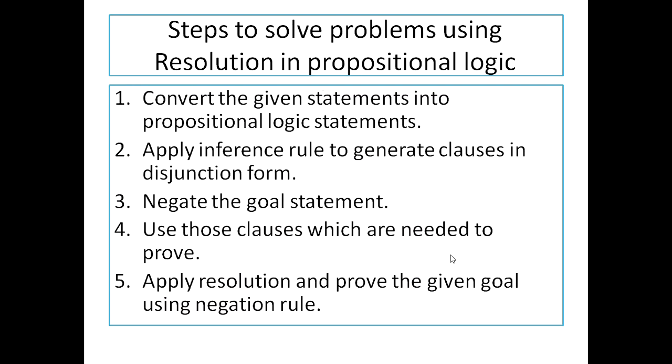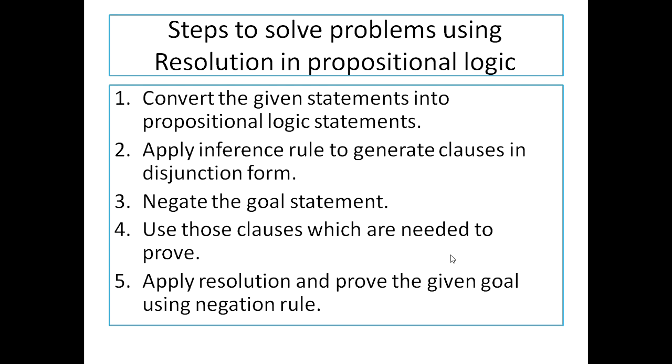Let us now discuss the steps involved in solving a problem in propositional logic. Let us see how to apply the resolution inference rule to solve problems in propositional logic. First, we have to generate the propositional logic statements for the given set of sentences, and then we apply the inference rule to generate clauses in disjunctive normal form.